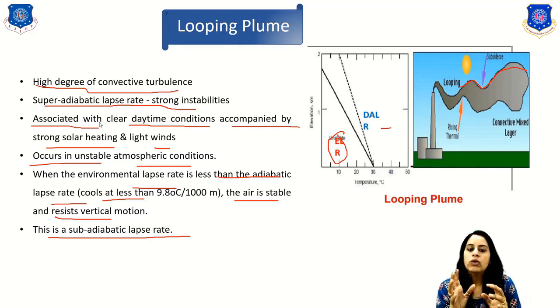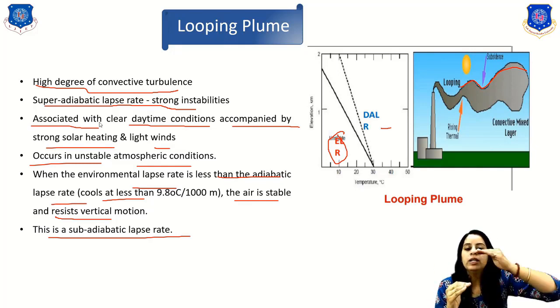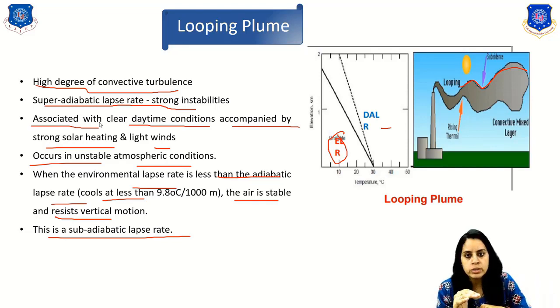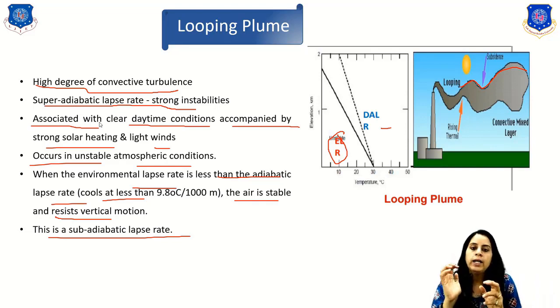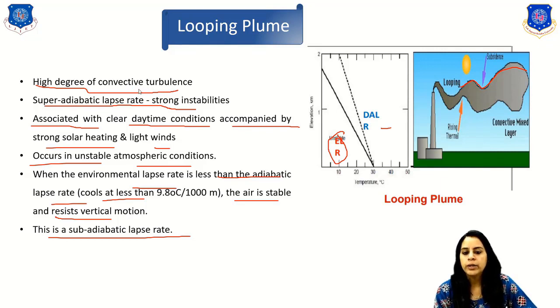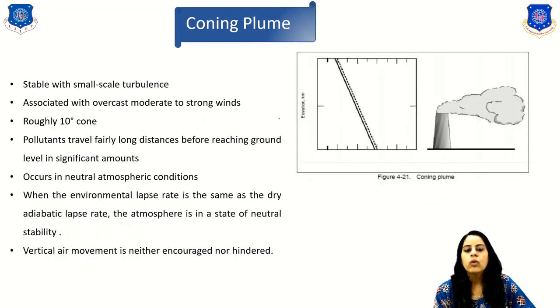Once the lifting force is removed, the air that has been lifted will return to its original position, so it is a stable condition. The stable condition occurs at night when there is little or no wind.